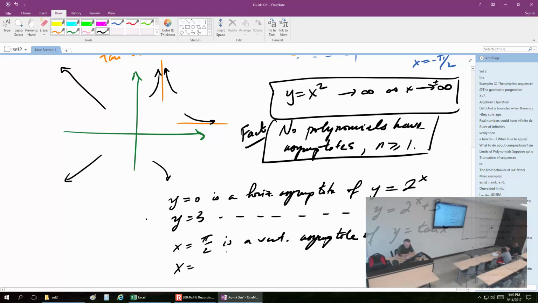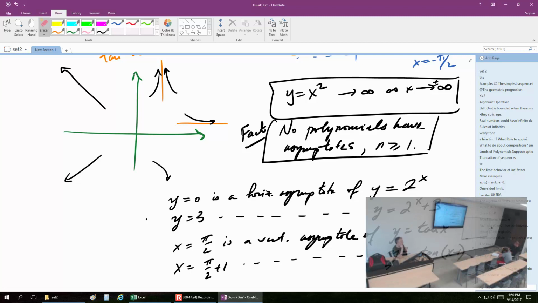How about x equals pi over 2 plus 1 is a vertical asymptote of what function? Y equals tan of parentheses x minus 1. That's right. Minus 1 shifts the graph to the right, and the asymptote shifts with it.